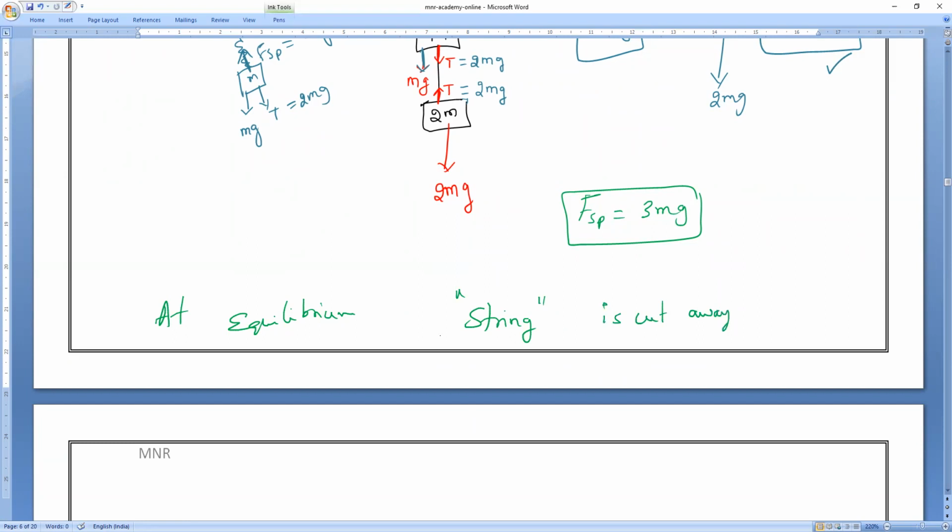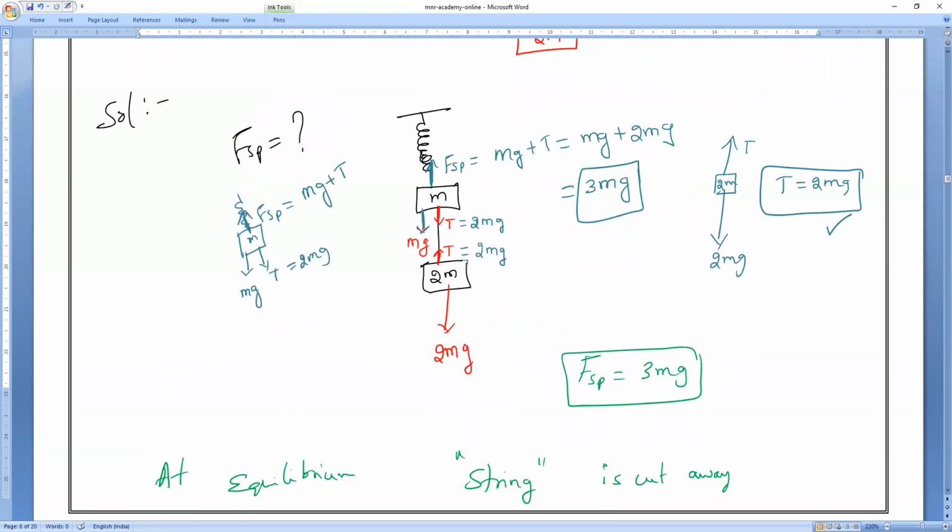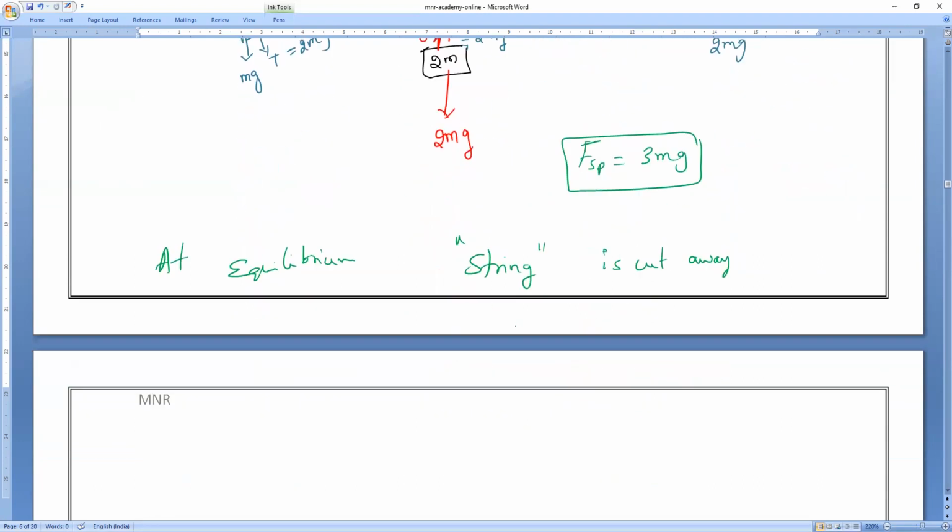So which one is that? String means the first one or this one or this one? This one. Am I right or wrong, everybody? Yes or no, guys? So now when it is in the equilibrium position, I cut the string actually. So this is the string. I cut it. Then the question is, find the acceleration of both the blocks just after cutting the string.